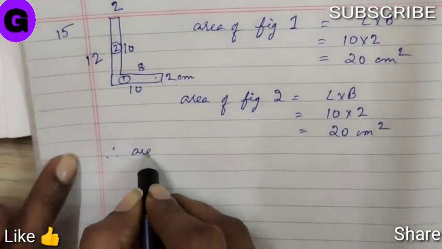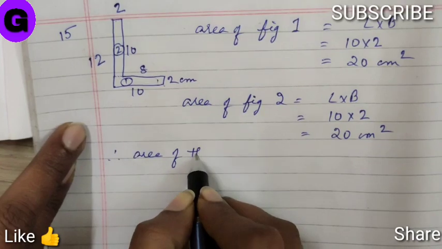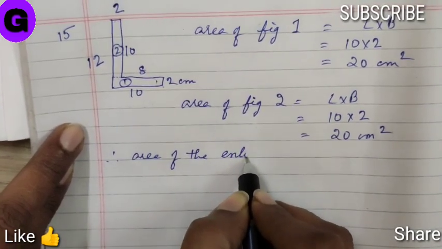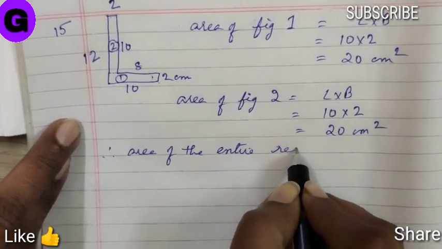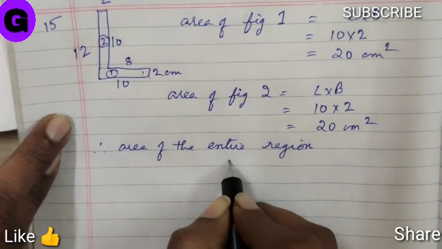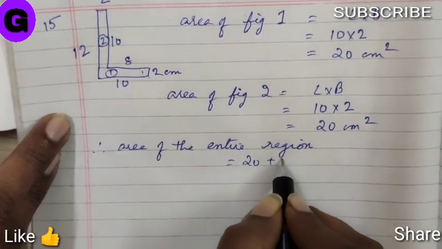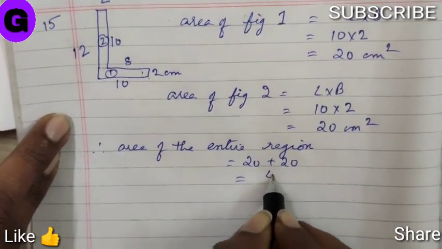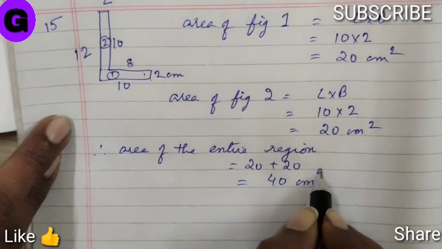Therefore, area of the entire region is equal to 20 plus 20 is equal to 40 centimeter square.